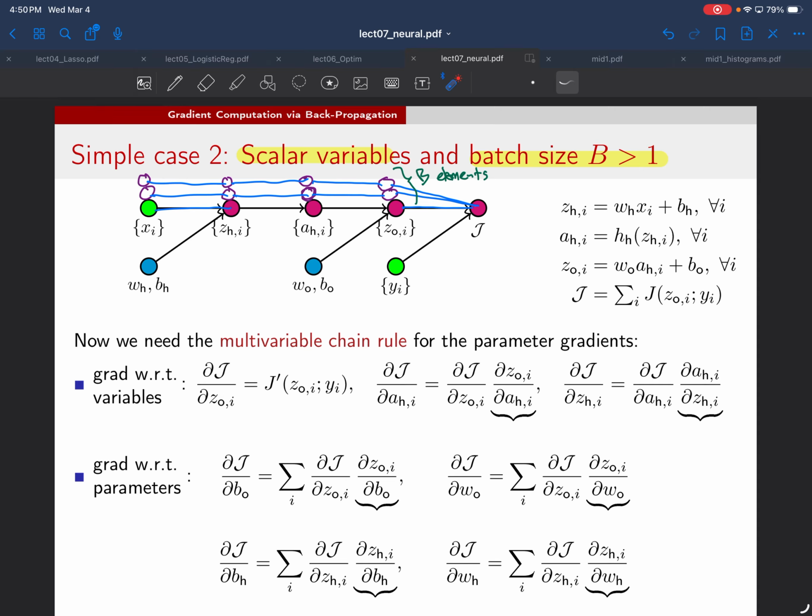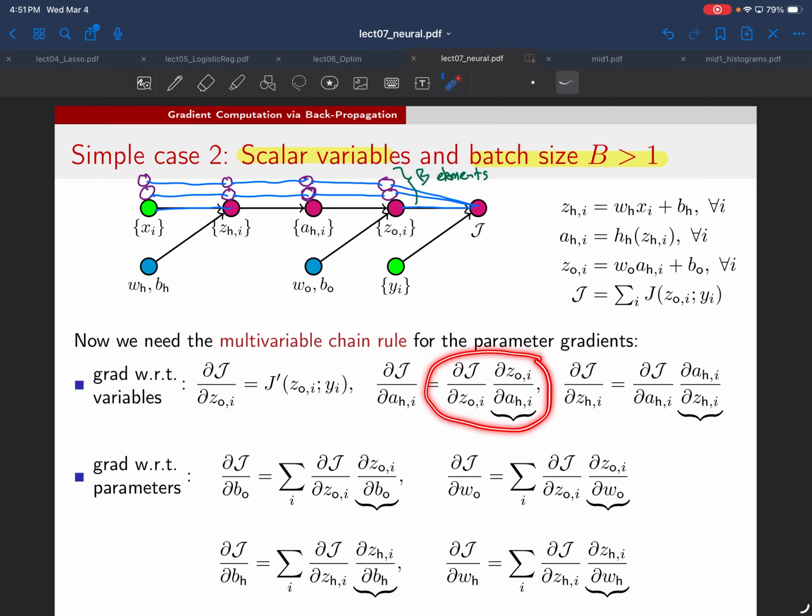And so now let's say I choose one of these a_h^i and I want to do dJ/da_h^i. Well, you can see that I don't have to use the multivariable chain rule because there's really only one direct path taking me from J to that particular batch element of a_h. Okay, so no multivariable chain rule.